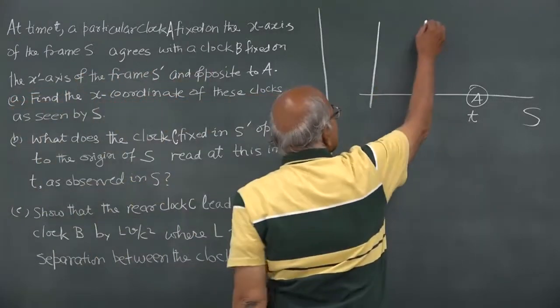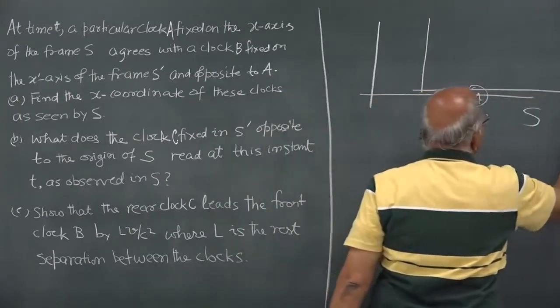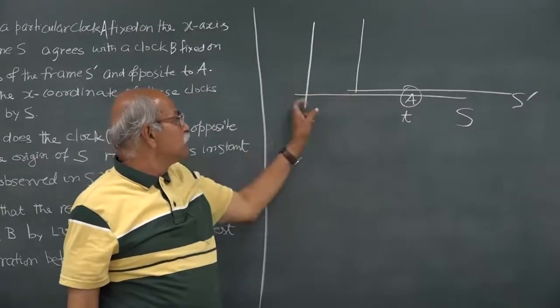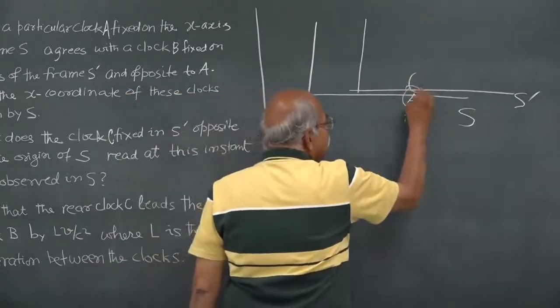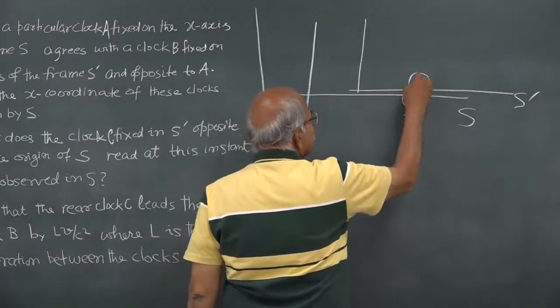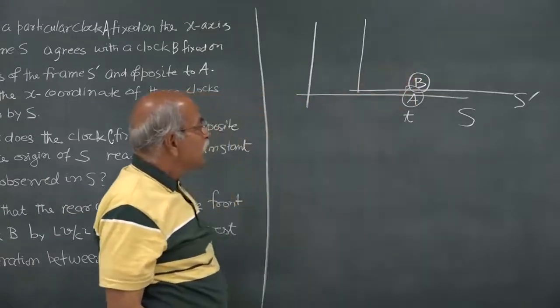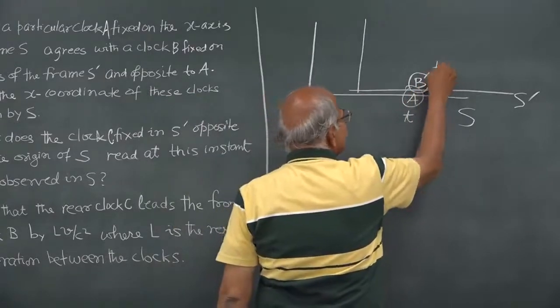axis. So, you also have a frame S prime, and since we are talking of time t, I am not making the two origins coincide. So, there is a clock fixed in S prime and this clock is B, it's just opposite this A, and it agrees, that means this clock also shows time t.